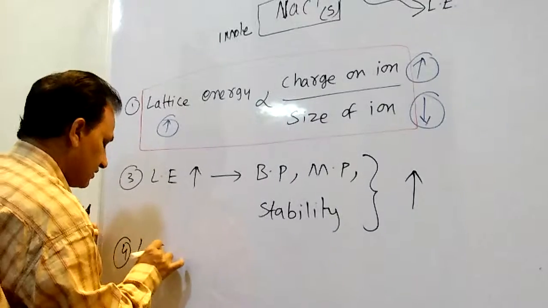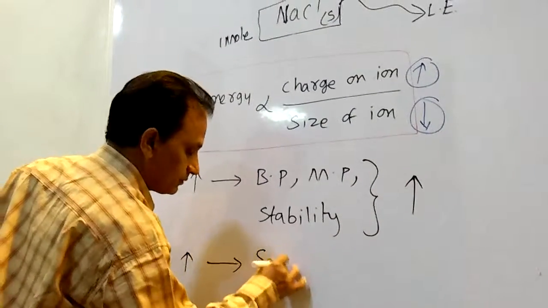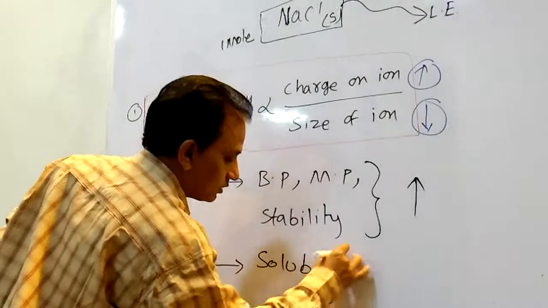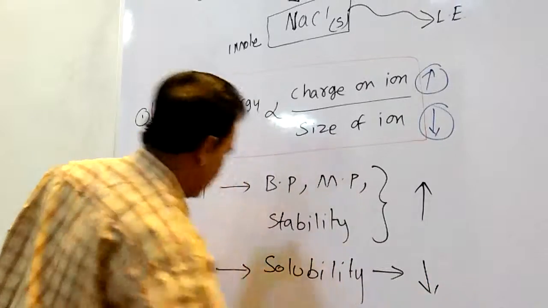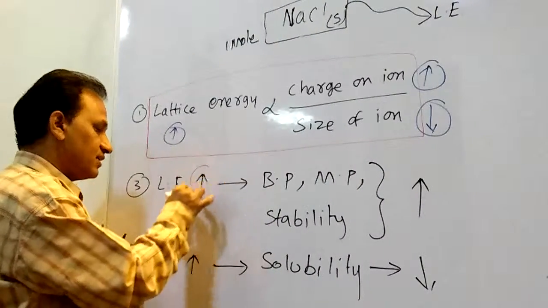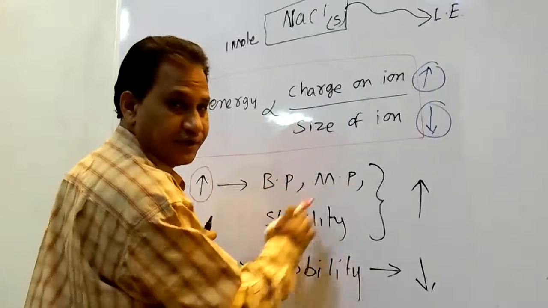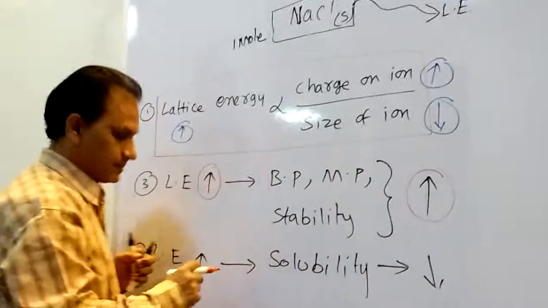Lattice energy increases, solubility decreases. Solubility decrease means lattice energy increase; melting point, boiling point increase.